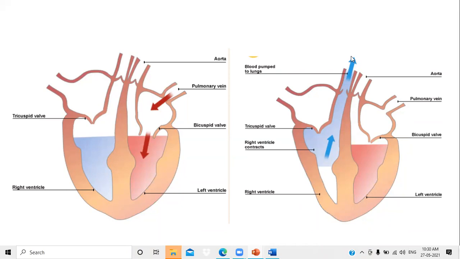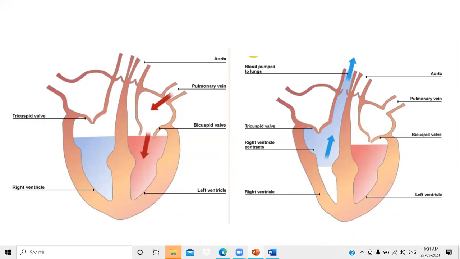Okay, I will give you a small hint. Any statement that has the word pulmonary means that it is going to the lungs or coming from the lungs. So this means that the right ventricle pushed the blood from the heart out of the pulmonary artery to go where?